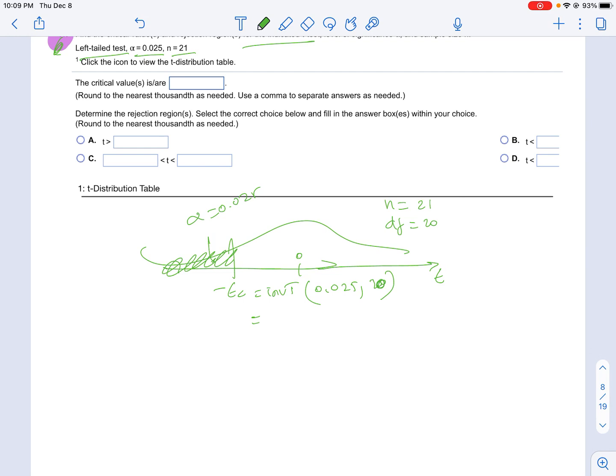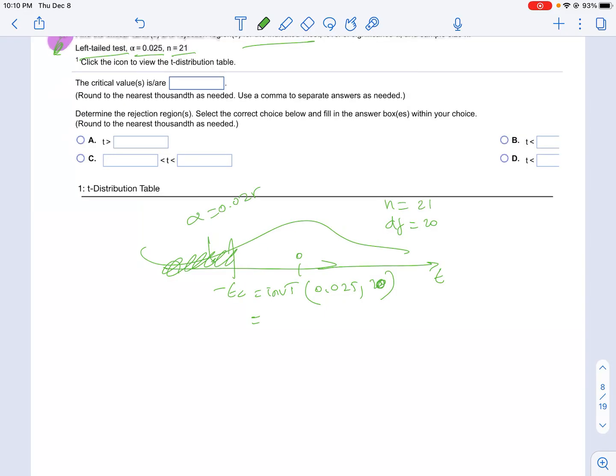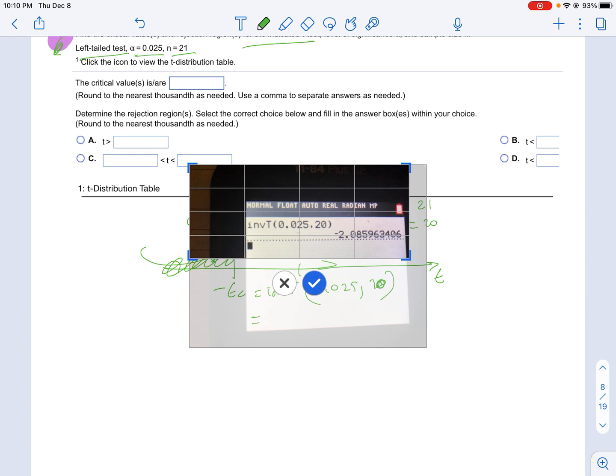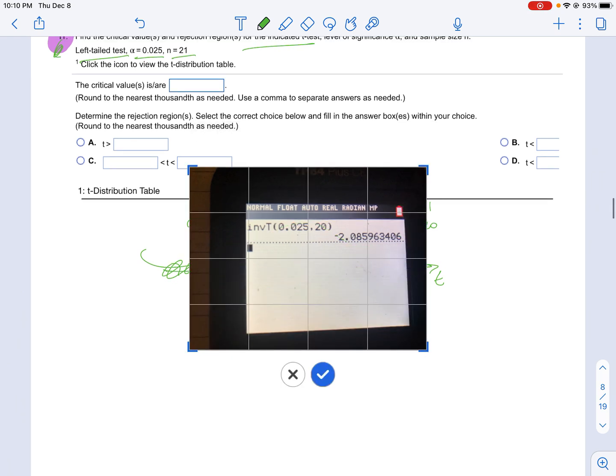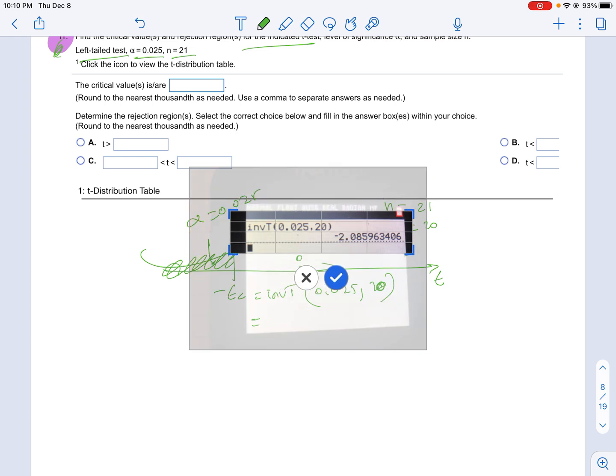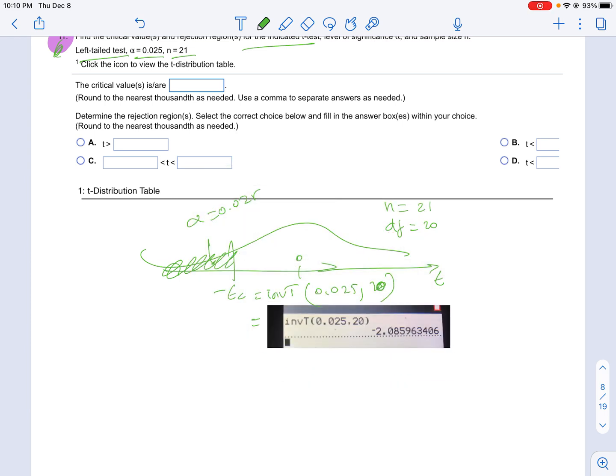On the distribution menu, you're going to see inverse t. I'm going to set it up and show you the setup. So here it goes. There goes your critical value. So my critical value, I only have one, negative 2.086.